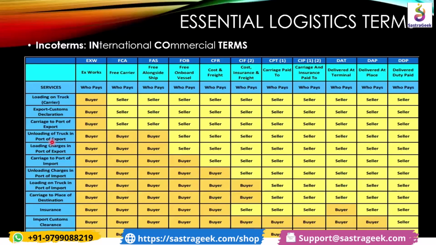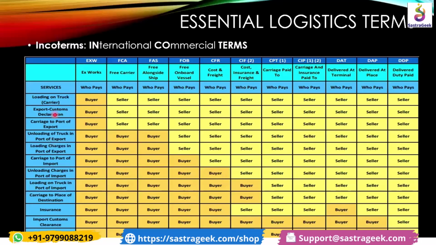Now, who is going to bear the cost? That is decided at a broader level, where the relevant buyer and seller, ultimately the shipper and the consignee, will be deciding who is going to pay for that. And hence it gets divided who is going to pay what.